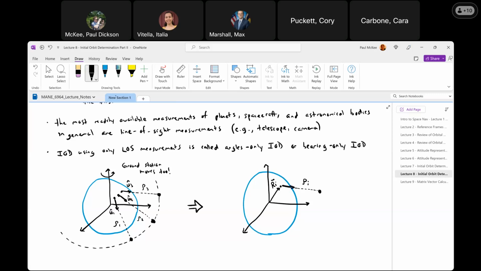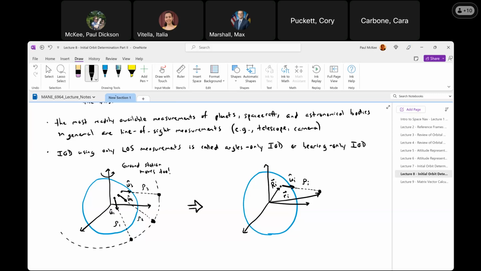The direction is Ui. And the true position of the orbiting body, be it a spacecraft, asteroid, whatever, is little ri. So we have to be careful. Little ri is the position of the body. Big Ri is the position of the ground station.